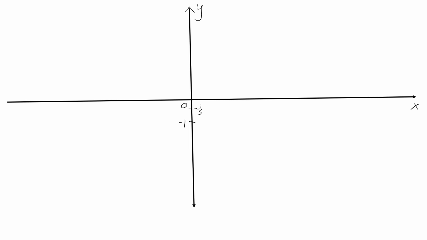So if this is 1 centimeter, yes, the scale for x and y must be the same. So 1/5 will be around here. So x is 0, minus 1/3 in here, this is the dot, sorry. Okay, minus 1/5.